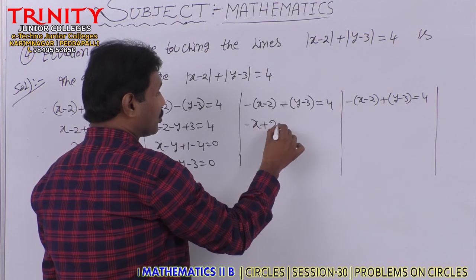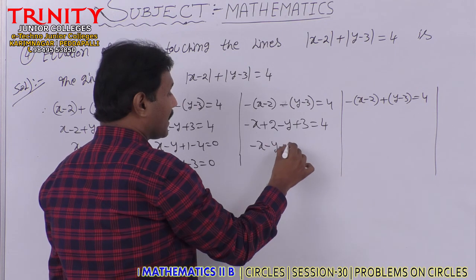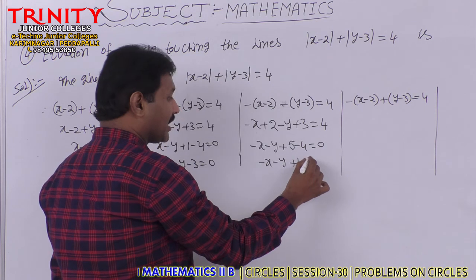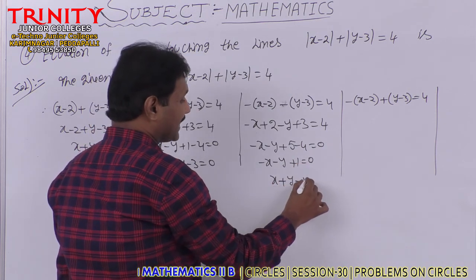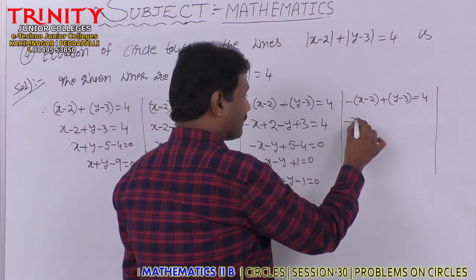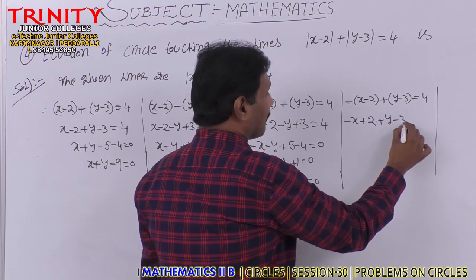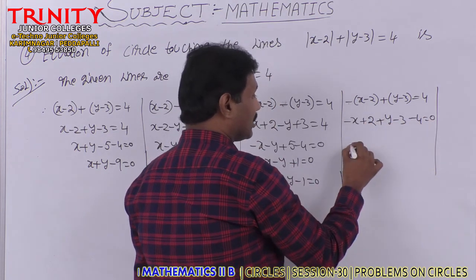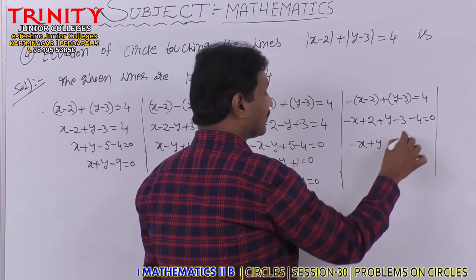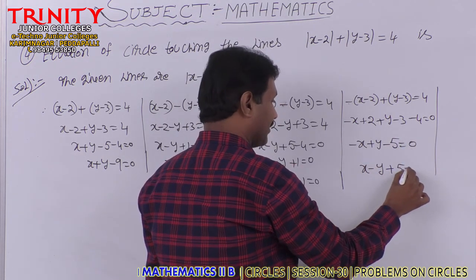Next, minus x plus 2 minus y plus 3 equal to 4, that is minus x minus y plus 5 minus 4 equal to 0, so minus x minus y plus 1 equal to 0, that is x plus y minus 1 equal to 0. Finally, minus x plus 2 plus y minus 3 minus 4 equal to 0, so x minus y plus 5 equal to 0.